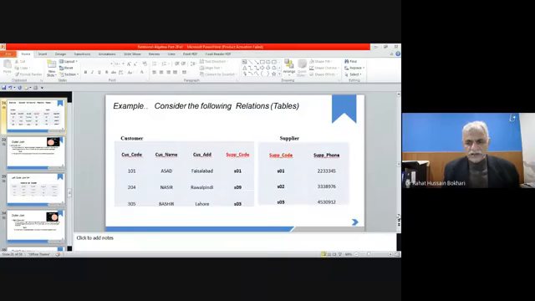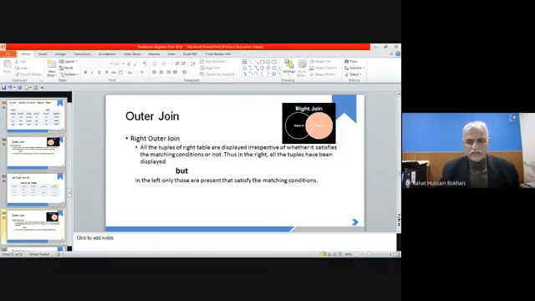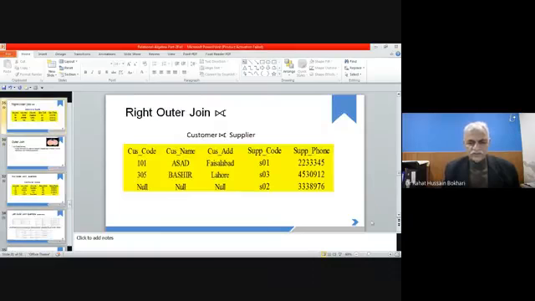So we add values null for that. For S02, we have added values null. In that manner, we have retained the rows that match the supplier code values, and we also retain those that are not matching, but with values of null. So this is right outer join.